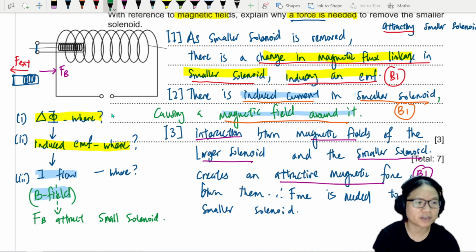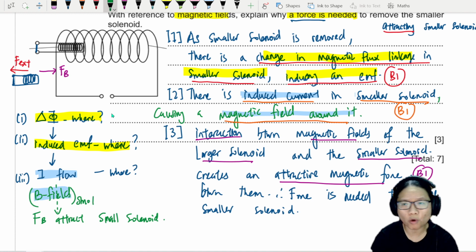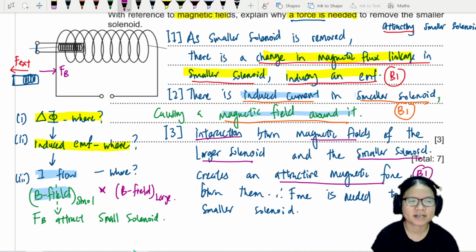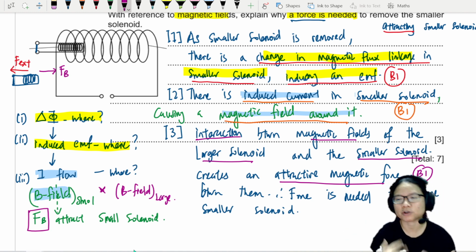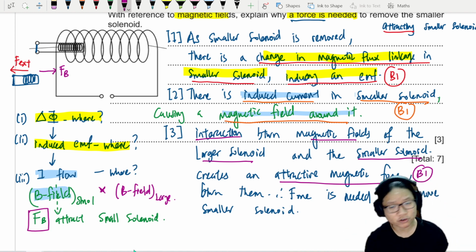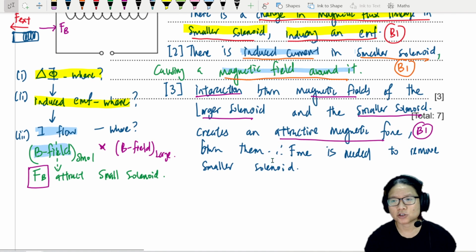So the magnetic field of the small coil interacts with the magnetic field of the large coil, and then that creates a magnetic force. It's a bit like north pole attracts south pole, south pole attracts north pole. Because of this, a force is needed to remove the smaller solenoid.